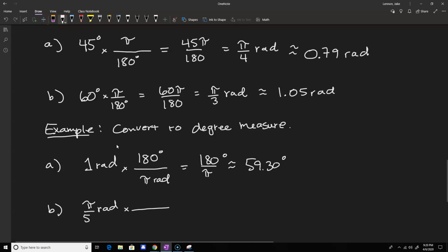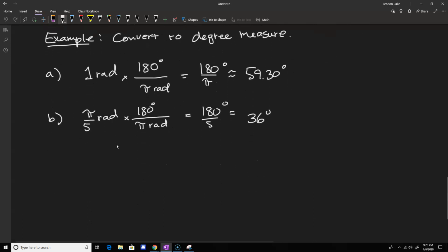So if we multiply here again by 180 over pi, the radians will cancel and we'll be left with degrees. So this is 180 over 5 degrees. The pi's will cancel, and that comes out to 36 degrees. So that's how you convert back and forth.